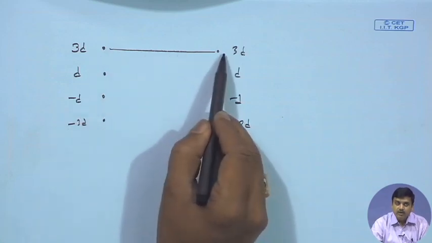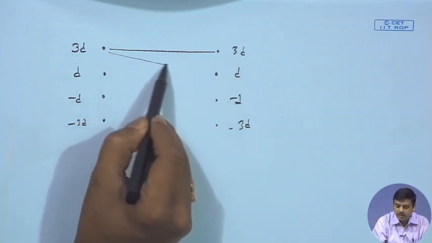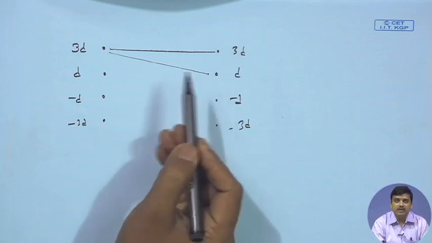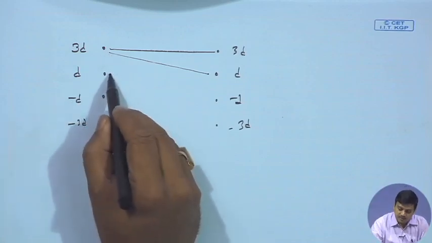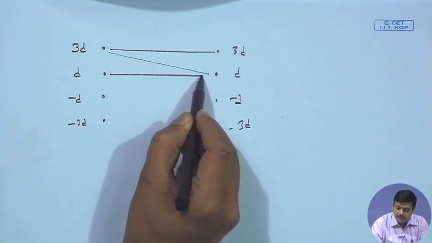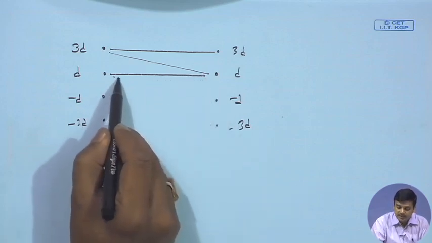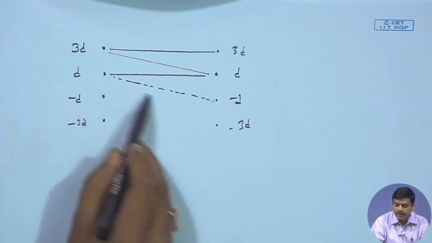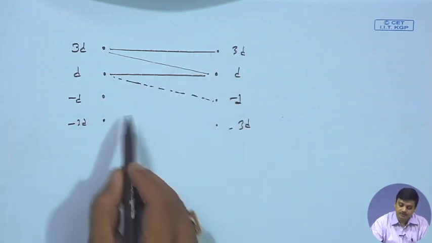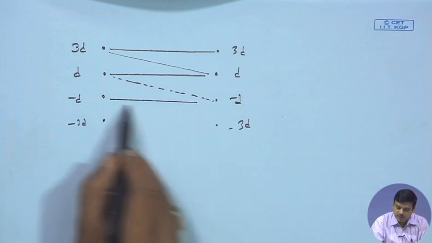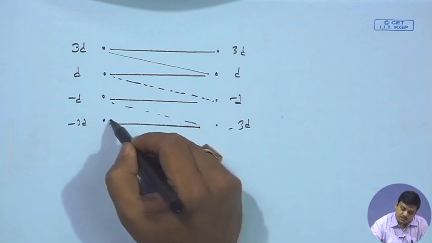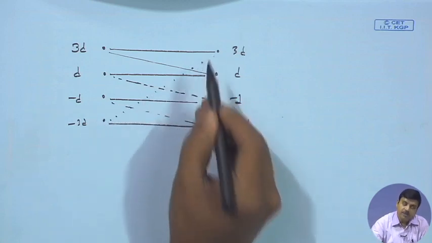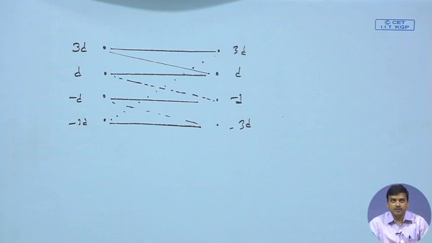There is a certain probability of a symbol remaining the same, a certain probability that it becomes D, and suppose the channel and the whole communication system is such that it does not become minus D or minus 3D. In a similar manner, suppose we take D: there is a probability of it becoming D and a probability of it becoming minus D, but it does not become minus 3D or 3D. Similarly for the others. For this one there is a certain probability that it becomes 3D. Let the situation be like this.